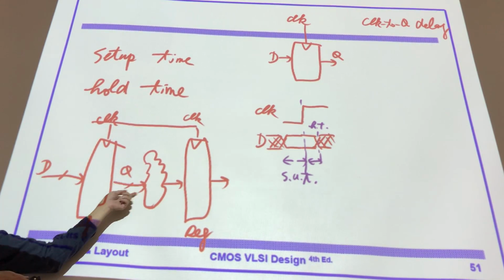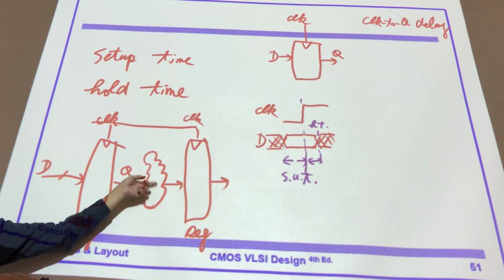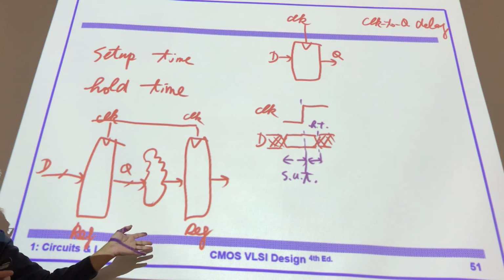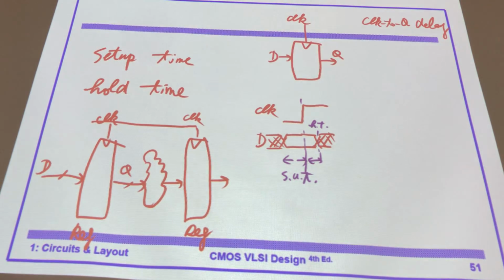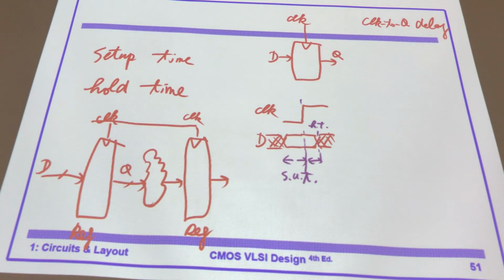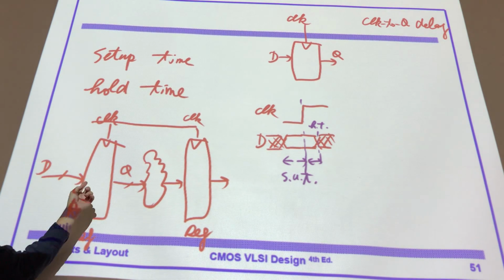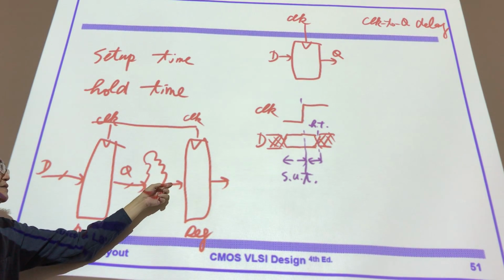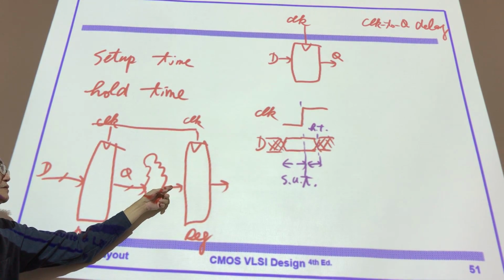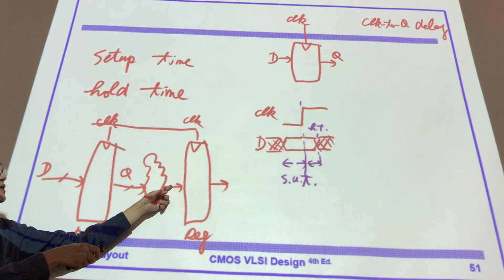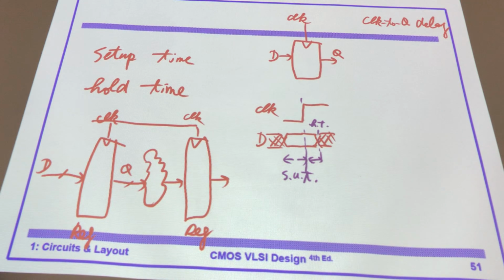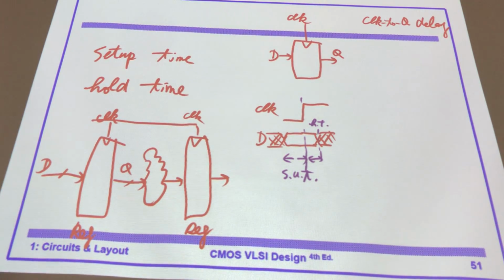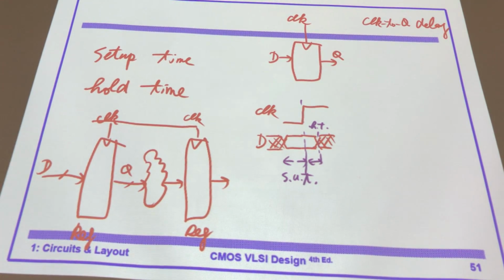After that, this Q value goes through the cloud, and after the delay, then fine. As long as you have enough hold time, then it's going to be totally correct. Otherwise, if it's too soon to override this value, then there's not enough hold time. Then it's called hold time failing. That could make the circuit incorrect, getting the wrong value.